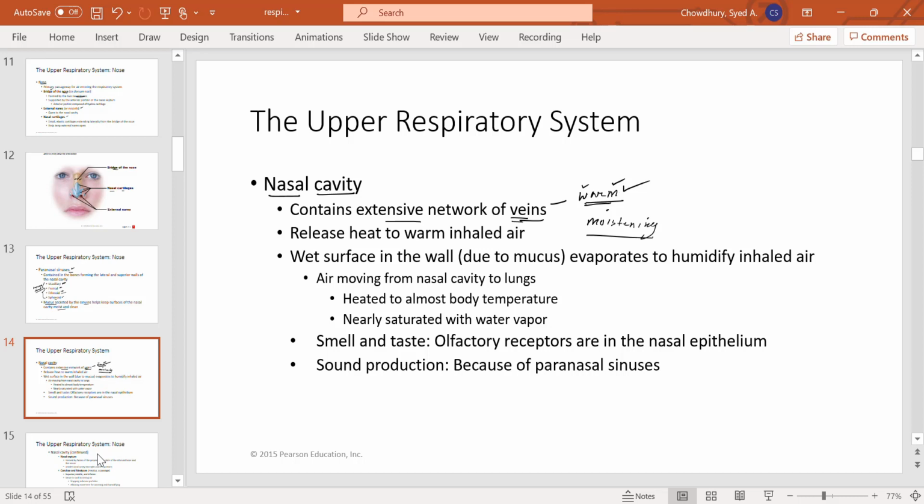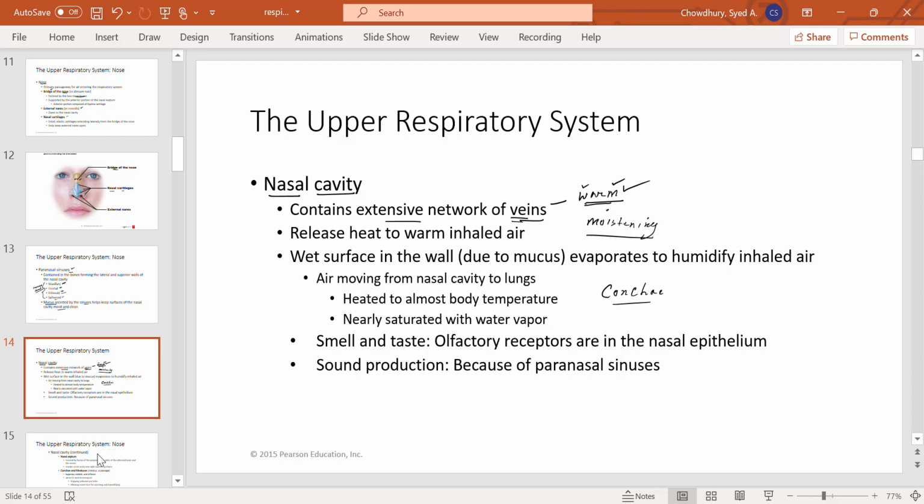Also, inside the nasal cavity, you have some structures. Those are called the nasal concha, and those are actually some extended shelf-like structures, and when the air passes through the nasal cavity, because of those concha, there are three: superior, middle, inferior in each side.